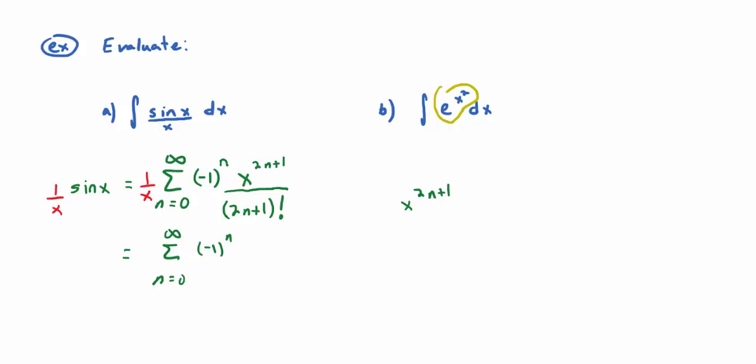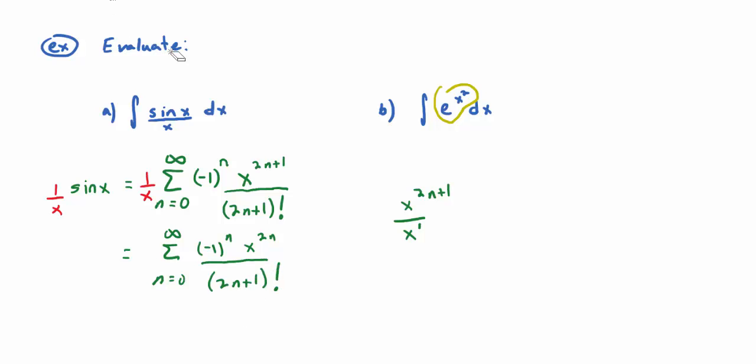If you multiply this straight across, you end up with x to the 2n plus 1 on top, x to the 1 on the bottom. When you do this kind of division, you keep the base and subtract the bottom exponent from the top exponent. And so you end up with x to the 2n. Does anything else change inside after the sigma notation? Nah.